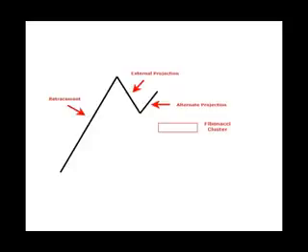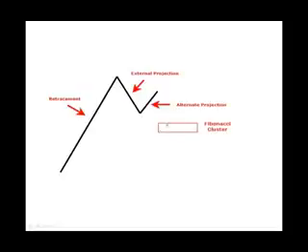So let's have a look in a more diagrammatic version here. We've got this impulse and we're looking for a retracement of this impulse. This is the wave A and we're looking for what's called an external projection of that particular pattern or that movement downwards again. And here you can see this is an alternate projection. So this goes against the grain and we're looking for an extension downwards against that, the alternate.